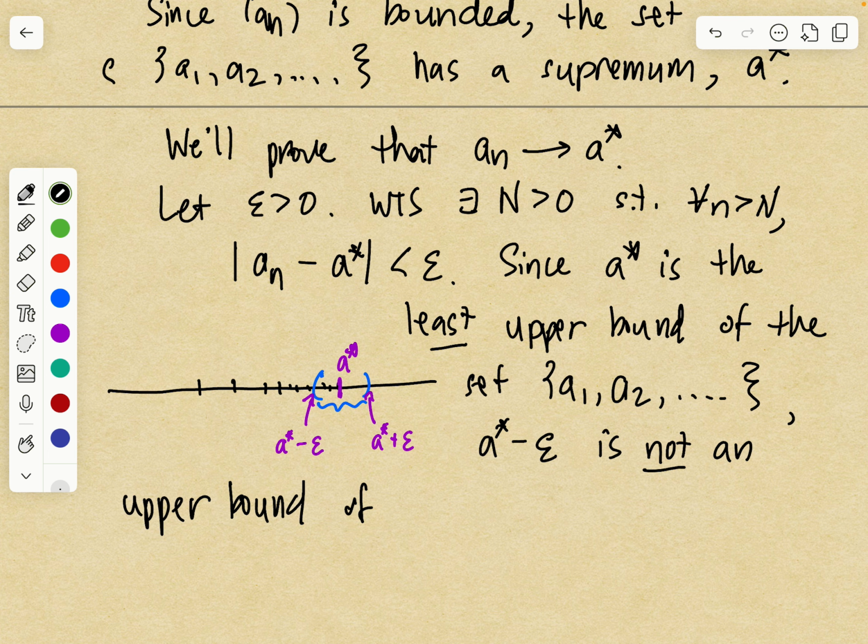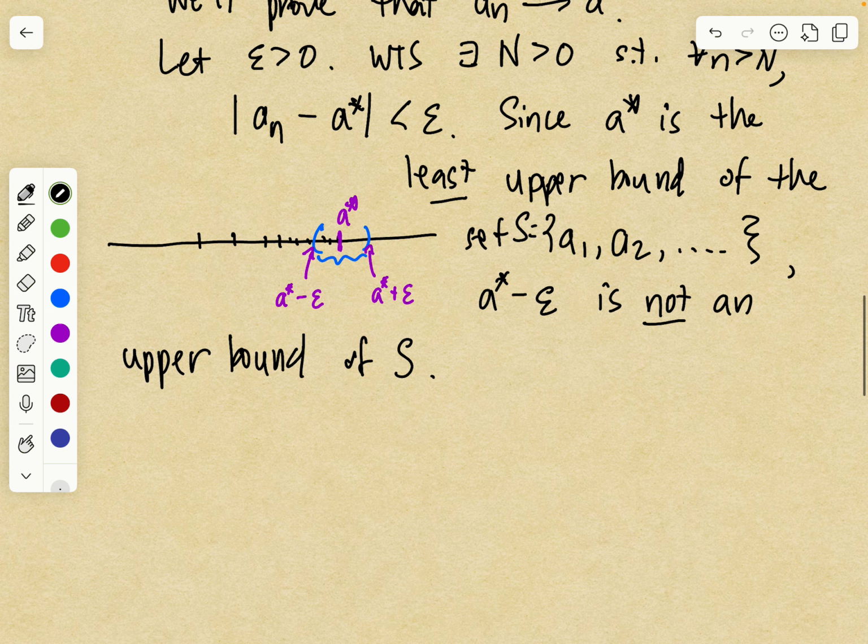Let's call this set S, just so I don't have to keep writing it. Right? Because if it were an upper bound, then that would be a smaller upper bound than A star, but A star was the least upper bound. So since A star minus epsilon is not an upper bound of S, that means that there exists an element of S that's greater than A star minus epsilon.